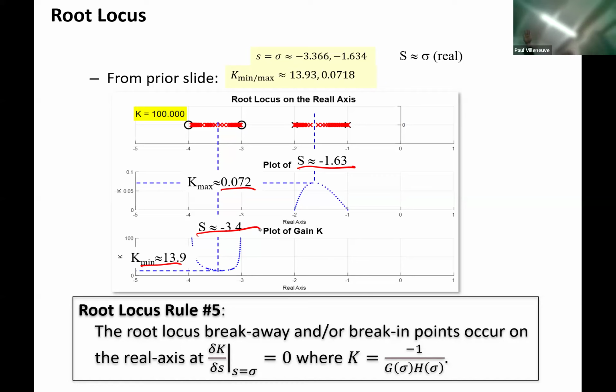Do I need to calculate angles of asymptotes? Not if I never leave the real axis. Do I need to calculate the break-in or breakaway points? Not if I never leave the real axis. I don't need to employ those rules if I can look at my base figure and determine, yep, I'm leaving, or no, I'm not. So that's why when you're building these root loci, it's really important to build them slowly and then see how you end up.